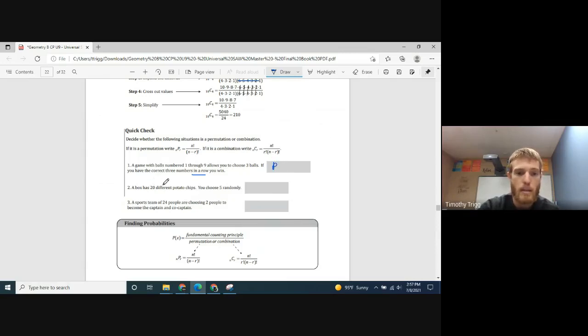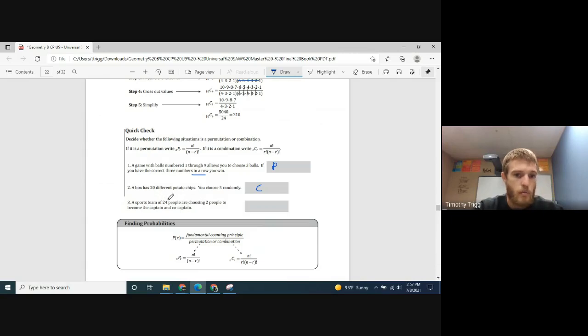A box has 20 different potato chips. You choose 5 randomly. Here, I would say this is a combination. It doesn't indicate that, if I pull out chip 15 and then 14, that's probably the same as picking out 14 then 15, right? So their order doesn't matter, combination.